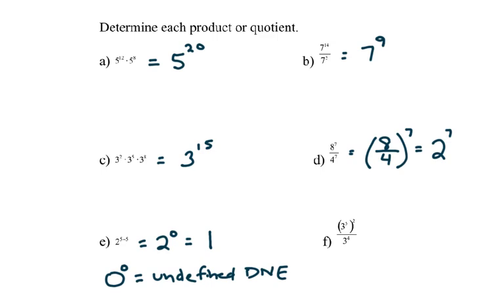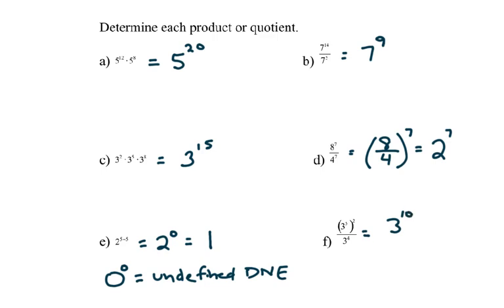In letter F, we want to apply a few rules. And so we're going to first just look at the numerator and simplify that. So we have 3 to the 5th to the power of 2, so we have 2 powers there. We want to take those powers and multiply those together. 3 to the 5th to the 2 gives us 3 to the 10th.